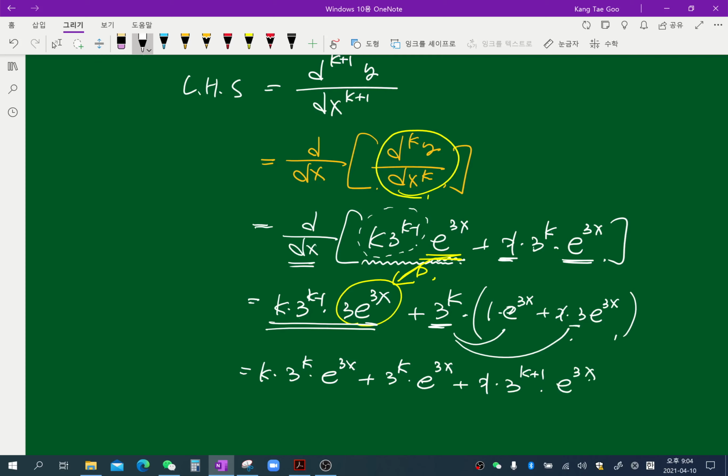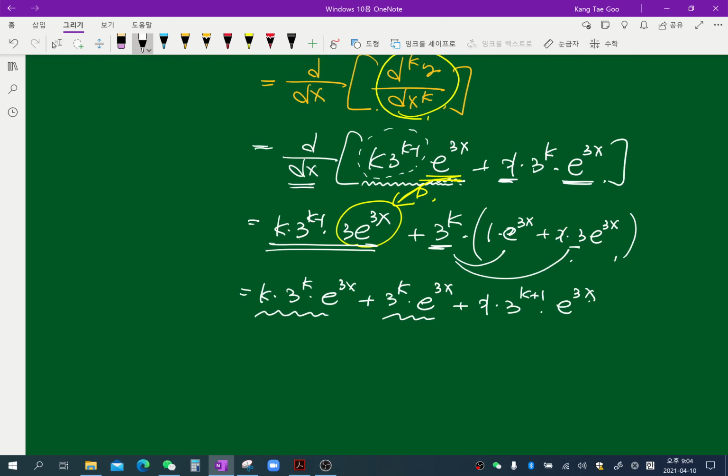And then these two we can merge with 3^k e^(3x), which is (k+1) 3^k e^(3x) plus x times 3^(k+1) e^(3x). Then instead of this k, we can put k+1 minus 1. Right? Then this is the right hand side. That's why Pk+1 is true.